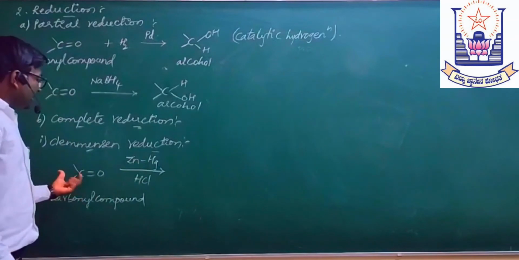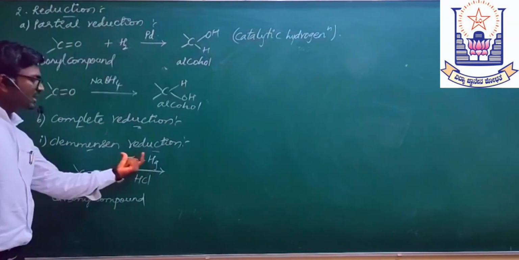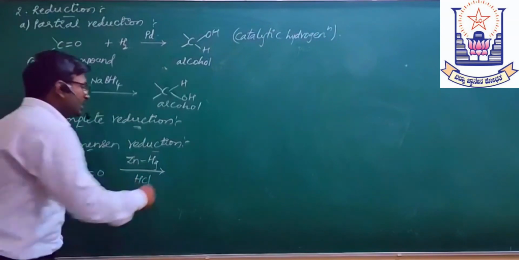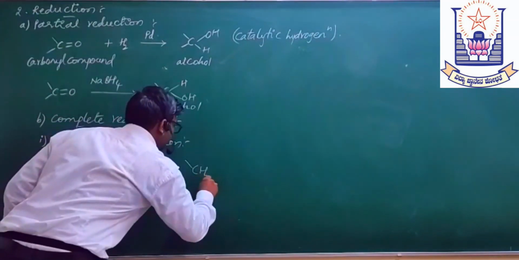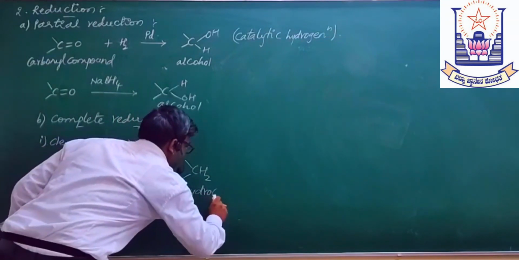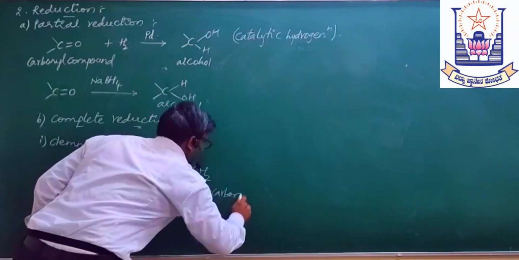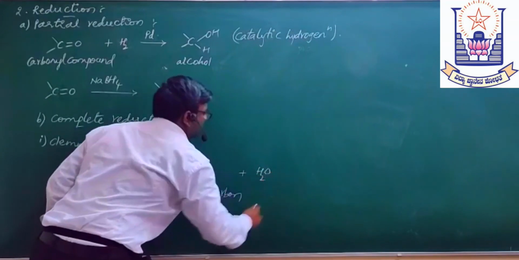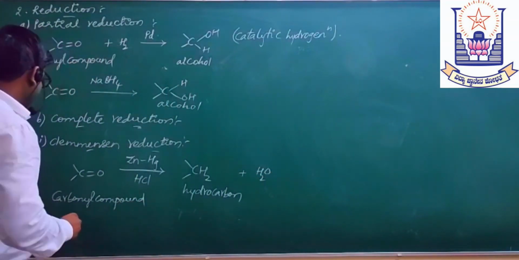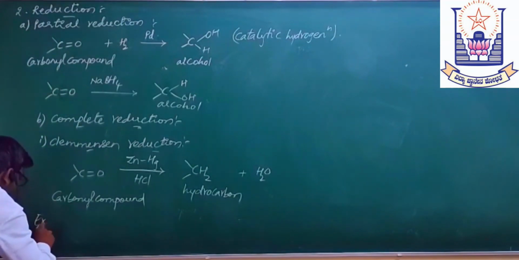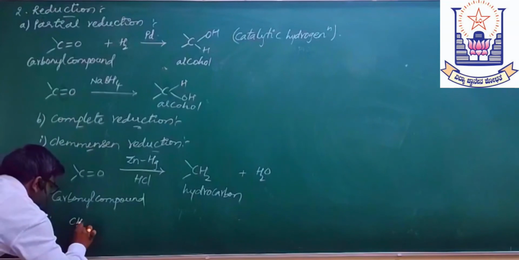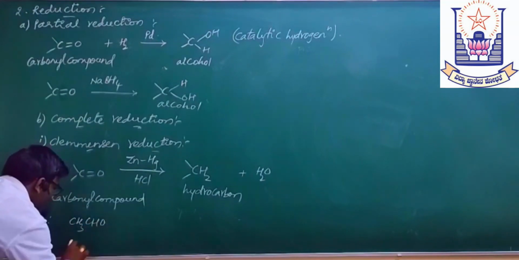When the carbonyl compound is treated with zinc amalgam in the presence of hydrochloric acid, you will get a hydrocarbon plus H2O. For example, take acetaldehyde, that is CH3CHO.